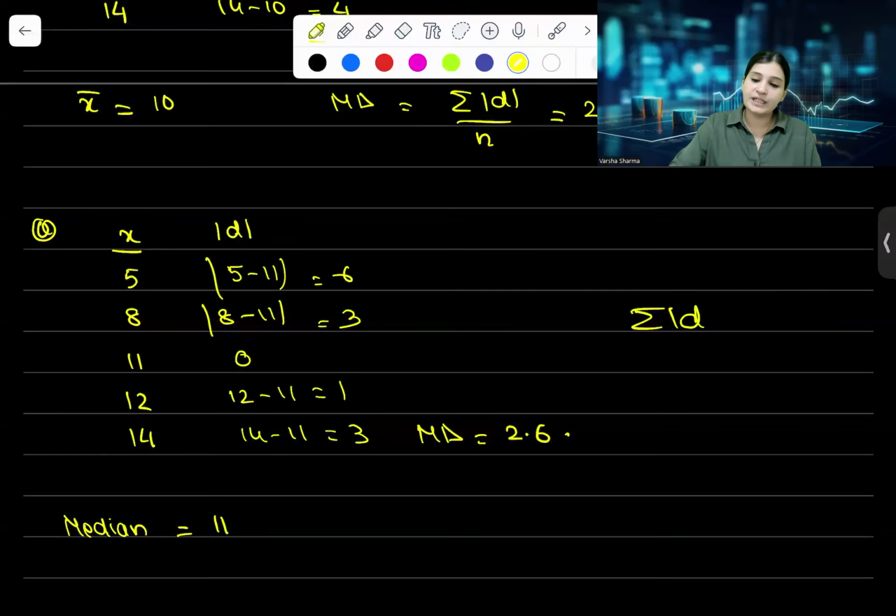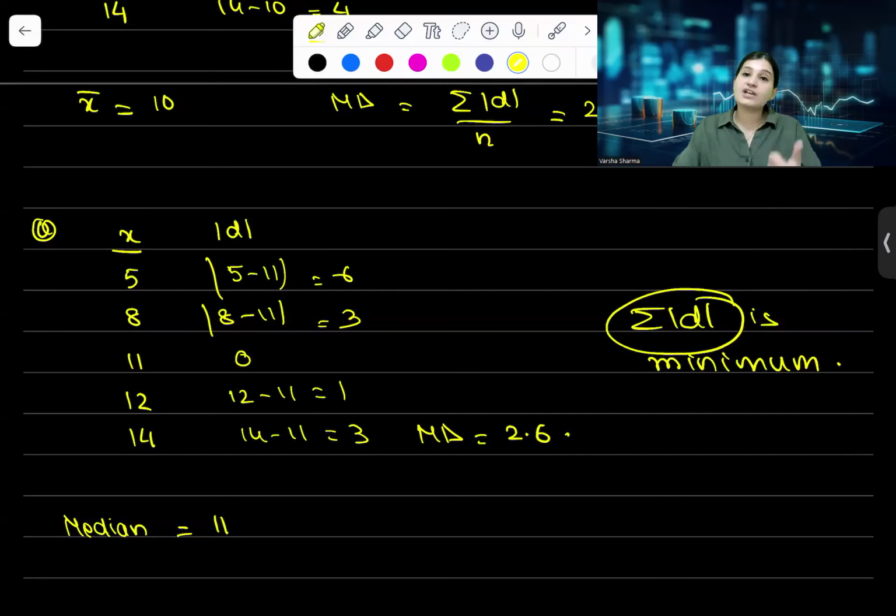Sum of absolute deviation is minimum when we calculate from median. So in mean deviation, we are using this. Mean deviation will give us the smallest value when we calculate it from median. Any doubt?